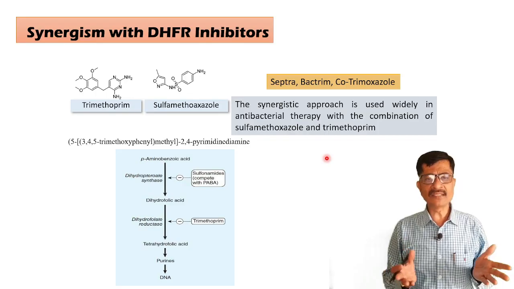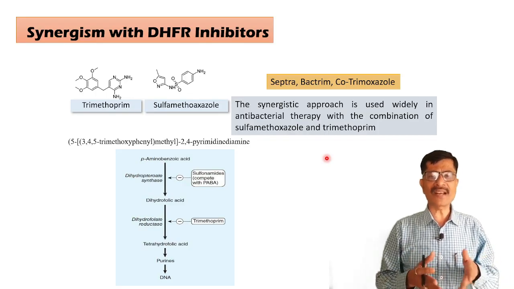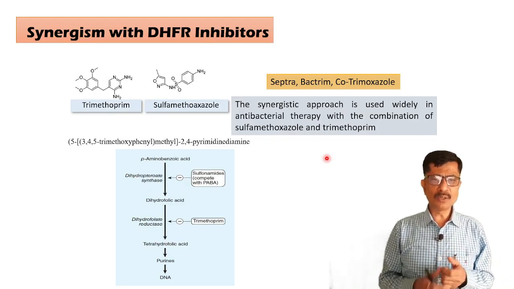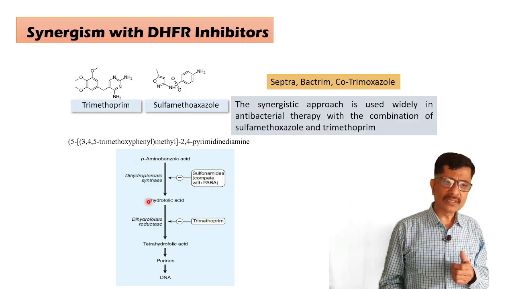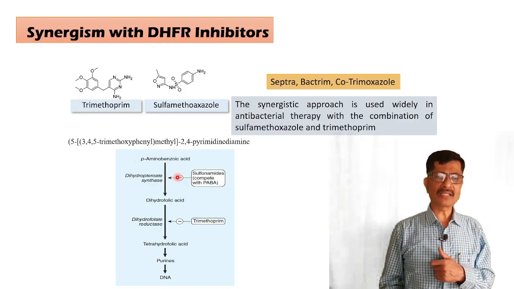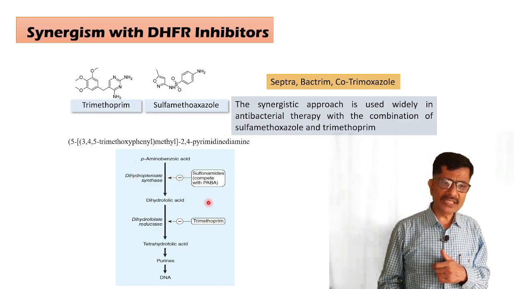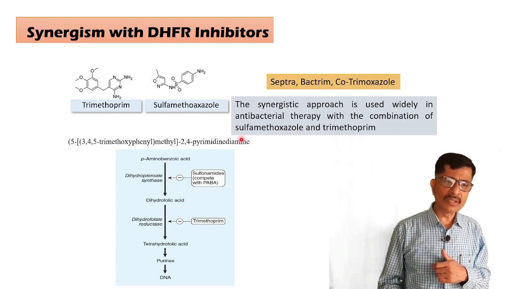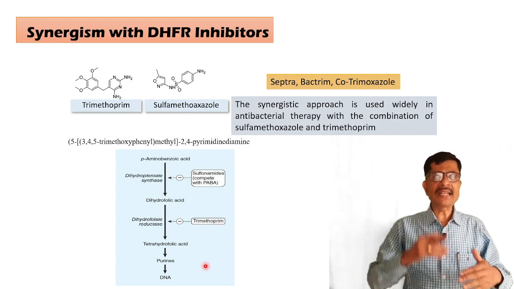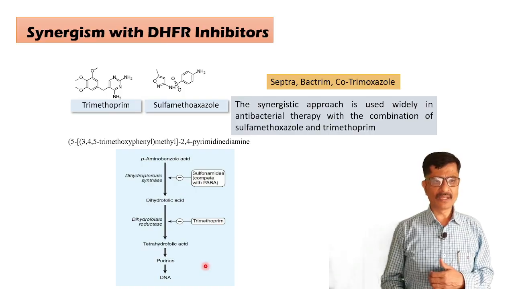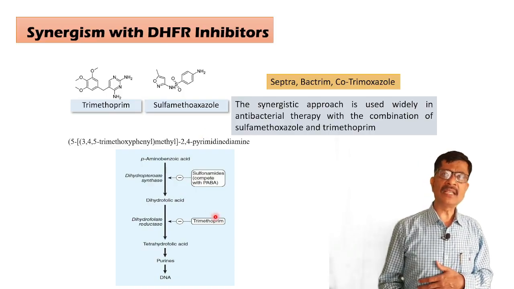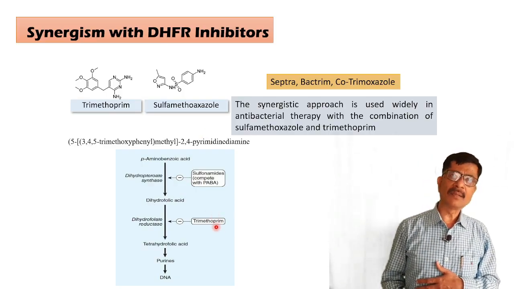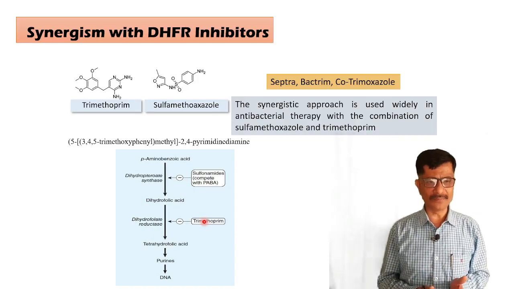The brand is Septran or Bactrim or cotrimoxazole. So this shows synergistic effect because both these drugs act on the same pathway at different stages. Now, which pathway do they act on? That is biosynthesis of folate coenzymes.